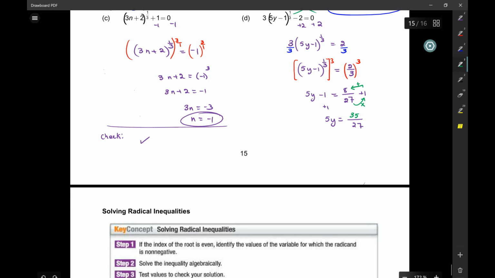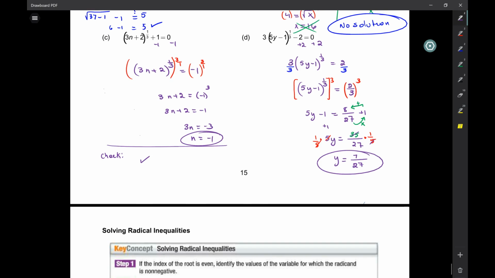So 35/27. Now what am I going to do? Times 1/5 or divide by 5. So y is 7/27. Okay?